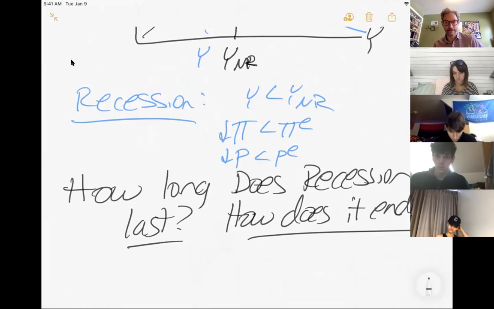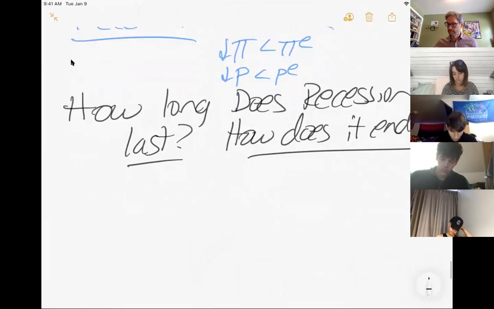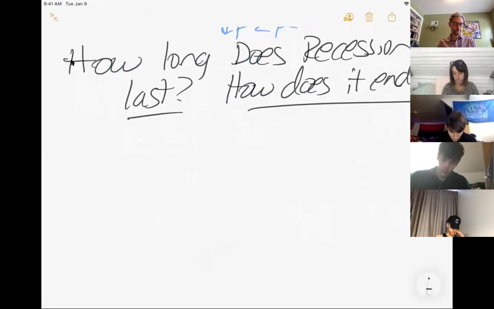How does it end? Well, that is an excellent question. And here is where you begin to get two different views of the world when it comes to how you deal with a recession.